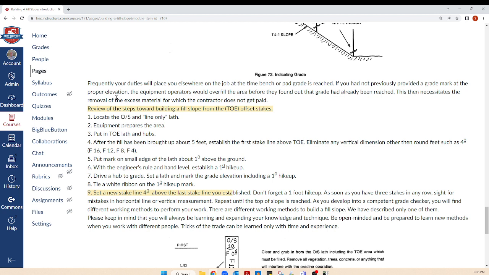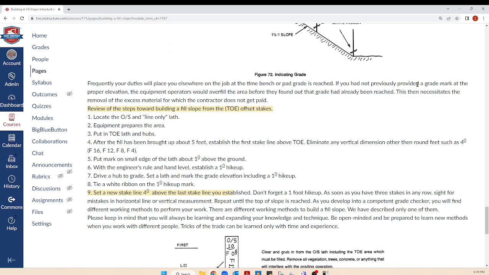This right here is pretty much self-explanatory. Let's just see when it quits being self-explanatory. Frequently, your duties will place you elsewhere on the job at the time bench or pad grade is reached.